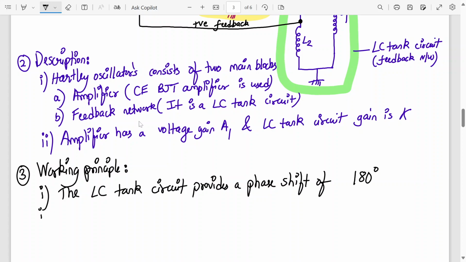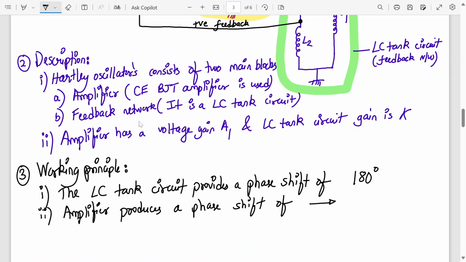Okay, the amplifier block produces a phase shift of again 180 degrees between its input and output. So therefore the total phase shift is how much?